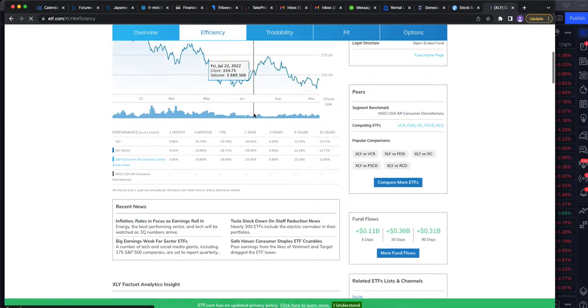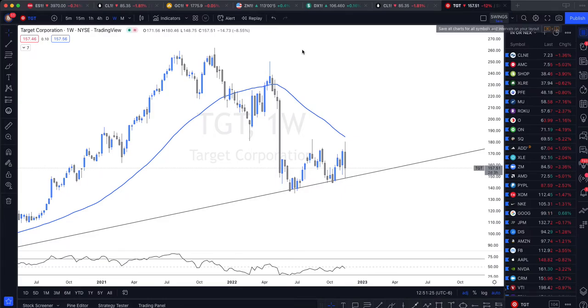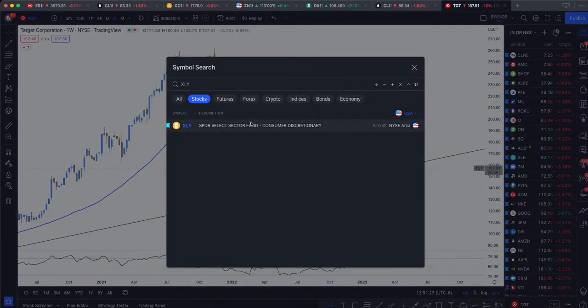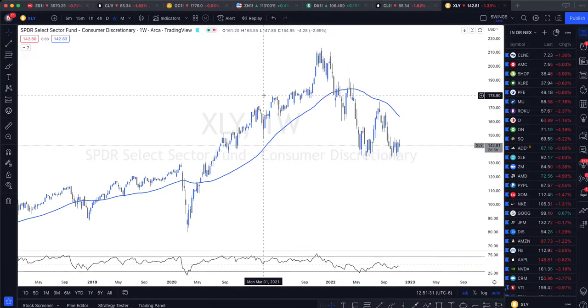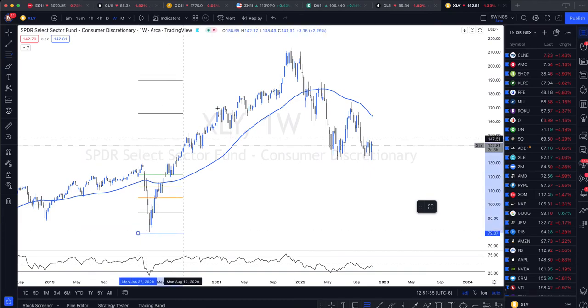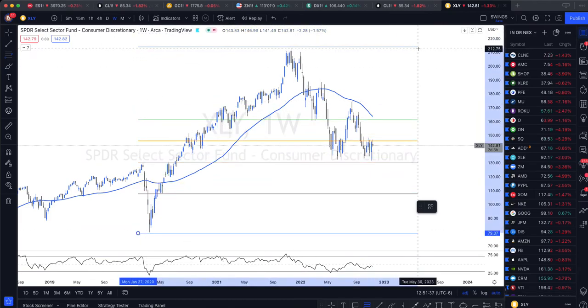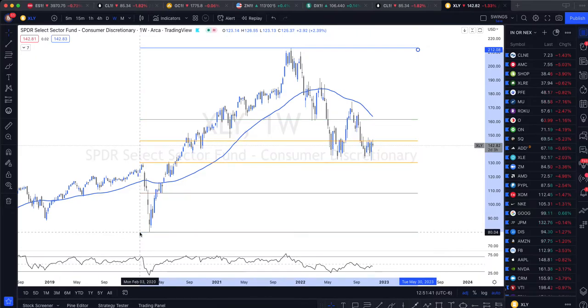So we can look at XLY on the chart. XLY. All right, and as you can see, it doesn't look that different from the S&P. All right, so you can see it's in the golden zone right now, bigger time frame.